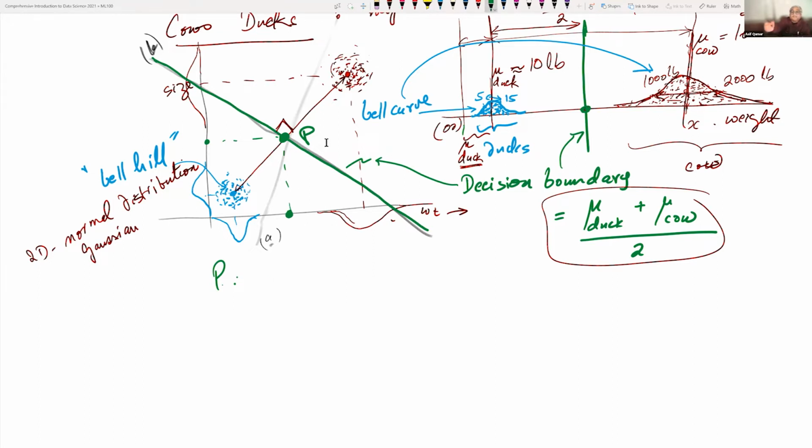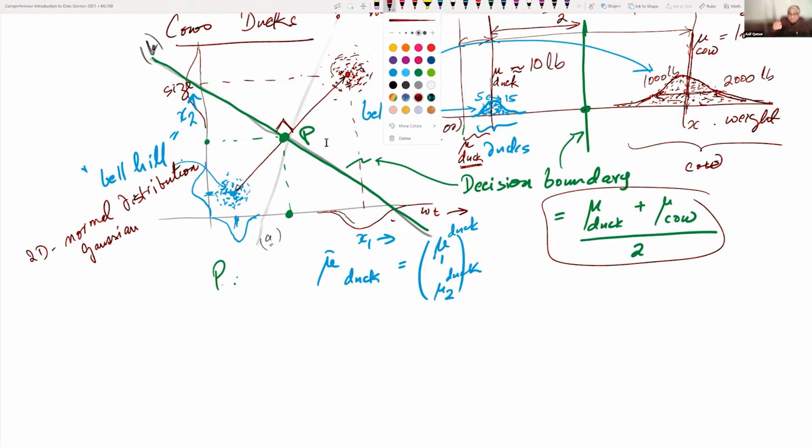This mu, let's look at the bell curve. This point has an x1 value and an x2 value, right? It has a value along the weight, the average weight of a duck, and the average size of a duck. So you can say that for the duck, mu of the duck is now a vector. It is mu1, mu2. Would you agree? For the duck, mu1 duck, mu2 duck.